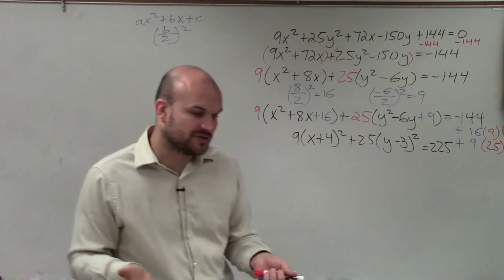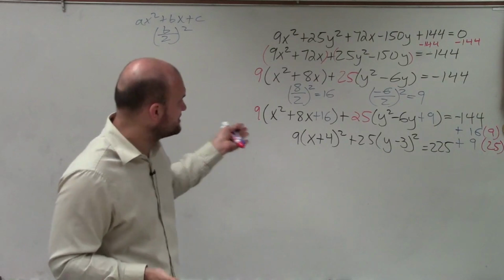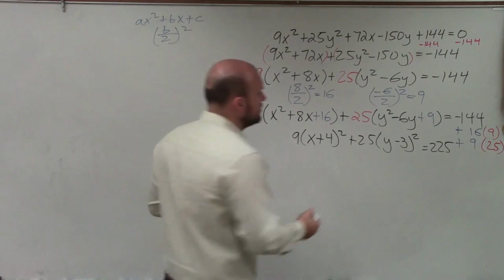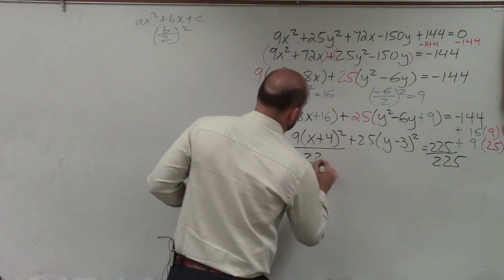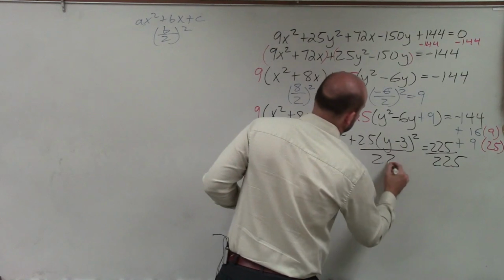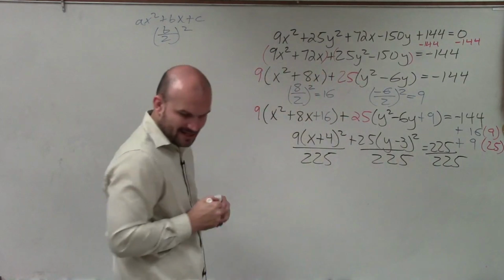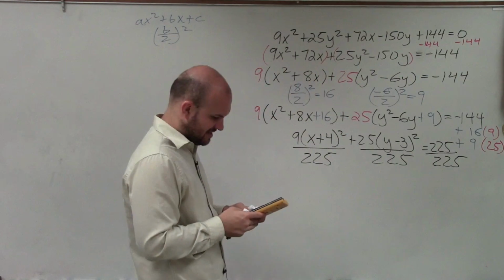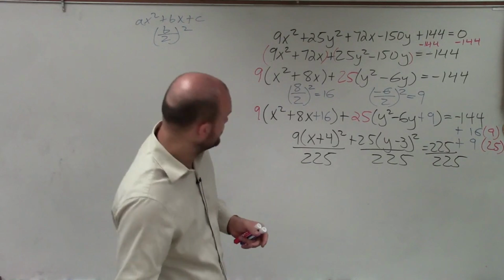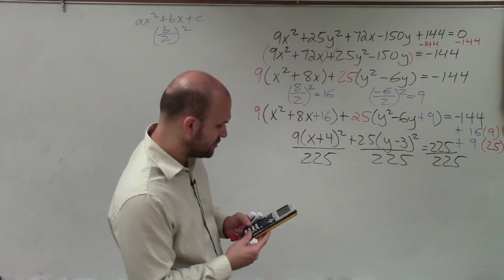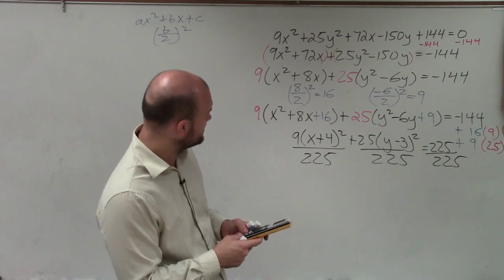But however, remember, in our standard form, we have to divide by 225 because we want it to equal 1. And I divide each one of these other terms by 225. And then I'm going to reduce. So that goes 1 over 25, and that's over 25 times 9, right?